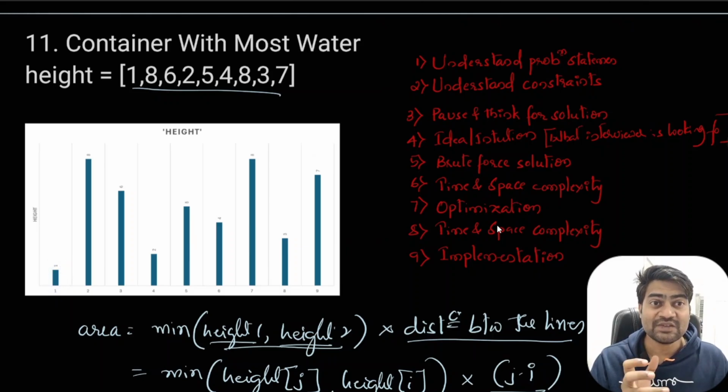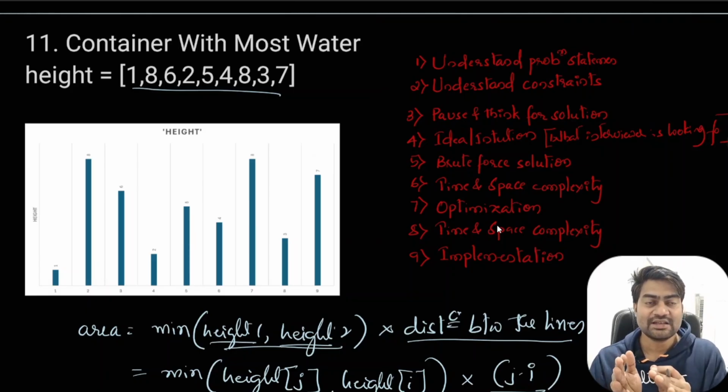This way, we can improve the time complexity here. If I eliminate this one, whatever the maximum possible value I can find using this minimum value, I have already found out. So I can eliminate this and move to the next height.